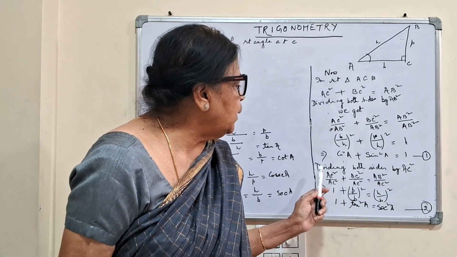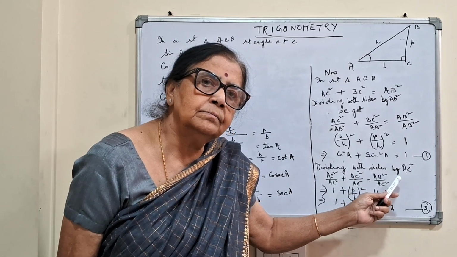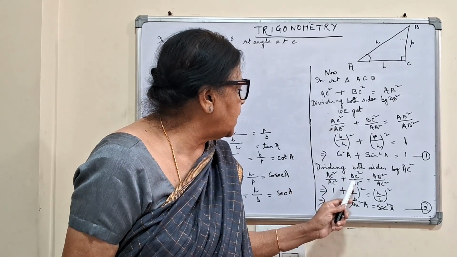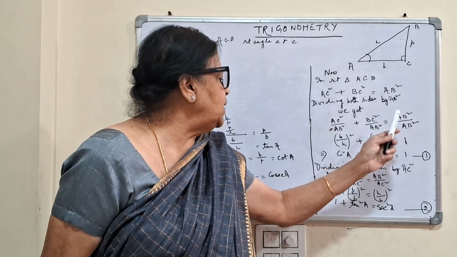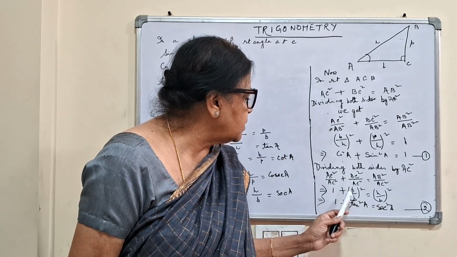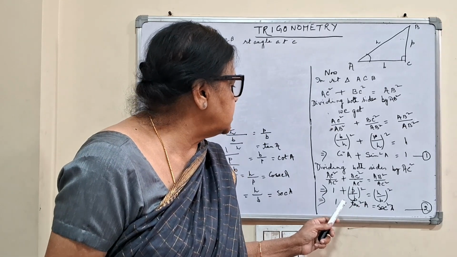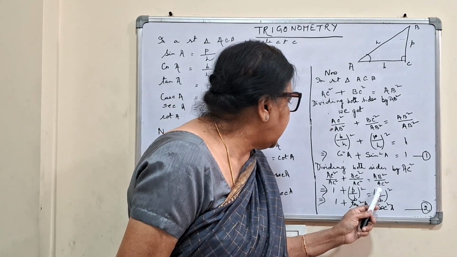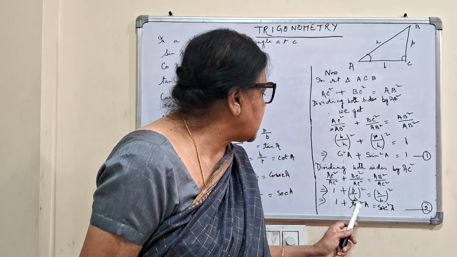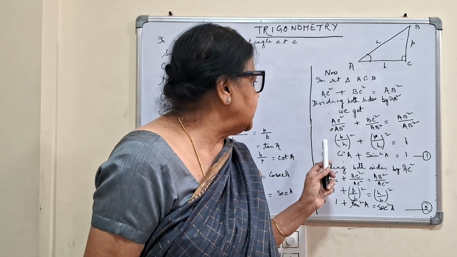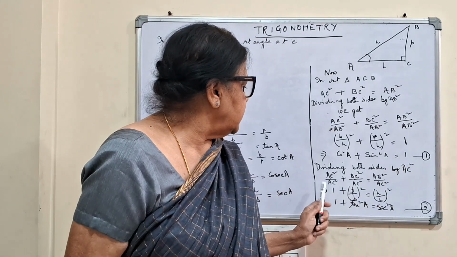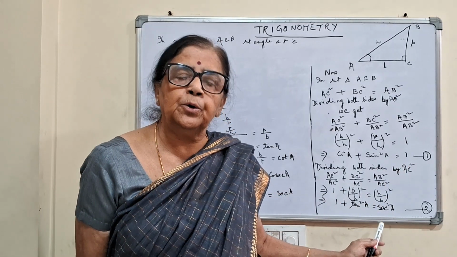Then dividing both the sides by AC square, AC square by AC square plus BC square by AC square is equal to AB square by AC square. That means 1 plus perpendicular upon base whole square is equal to H upon B whole square, which implies 1 plus tan square A is equal to sec square A. Two identities are there: cos square A plus sin square A is equal to 1 and 1 plus tan square A is equal to sec square A.